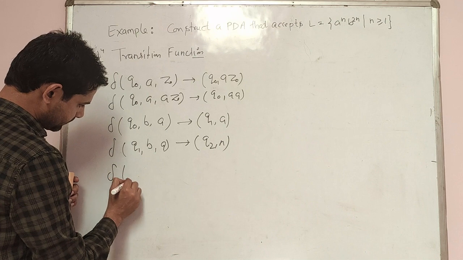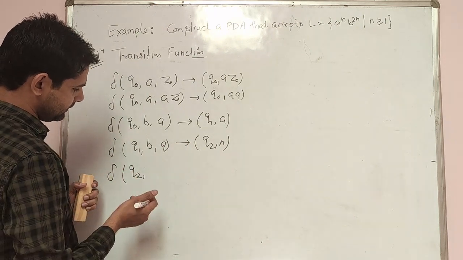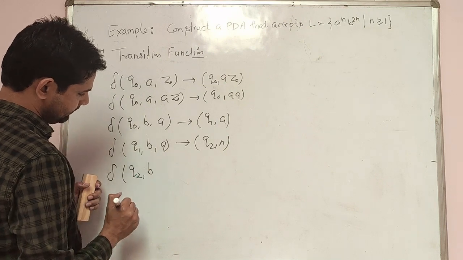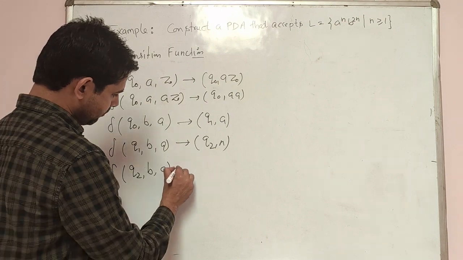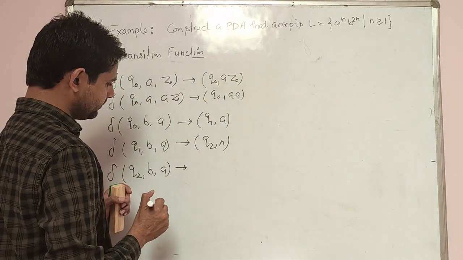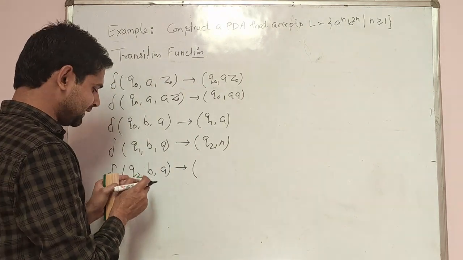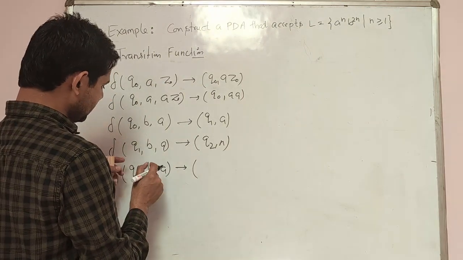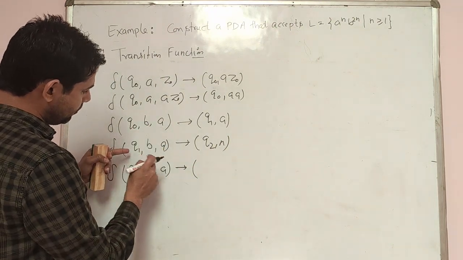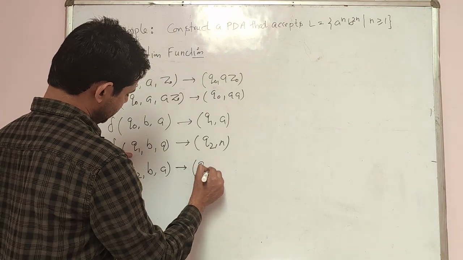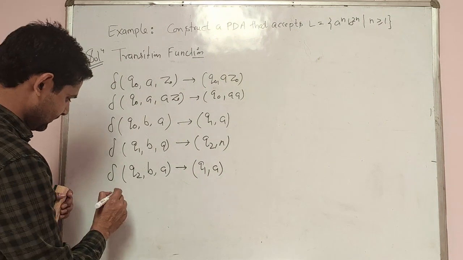Then next we are on Q2. Again we have B, and stack top is A. In that case, we will just read that B, because this one is the first B at Q2 state, and we will pop the element with the second one. We will move on to the Q1 state without changing the top of the stack.